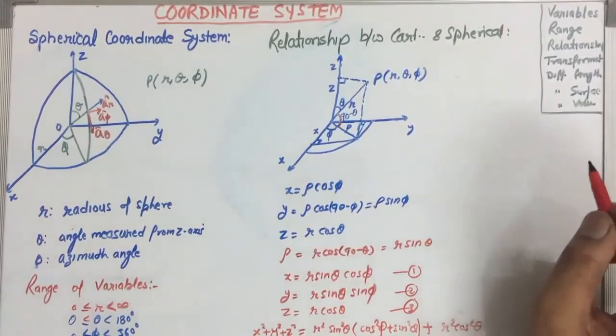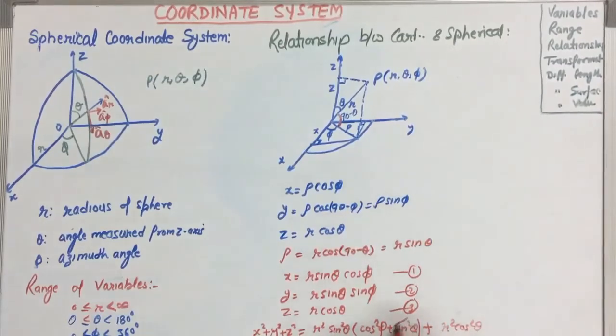Now you can see this value will be 1, and r square can be taken common from these two. Sin square theta plus cos square theta will again be equal to 1.